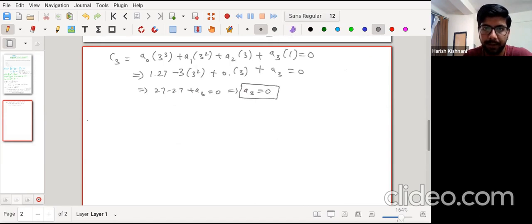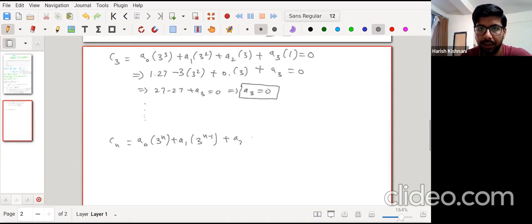So similarly, you can get that your Cn, that is A naught times 3 raised to n plus A1 times 3 raised to n minus 1 plus A2 times 3 raised to n minus 2, so on to An times 3 raised to 0, that is 1, equal to 0.